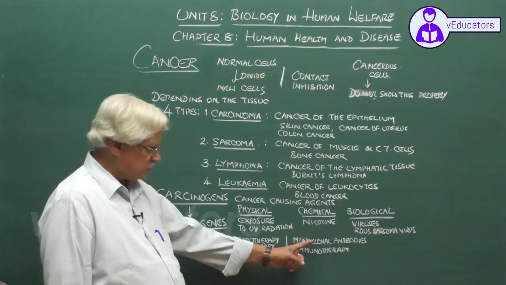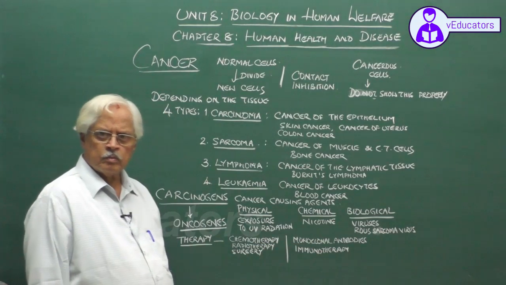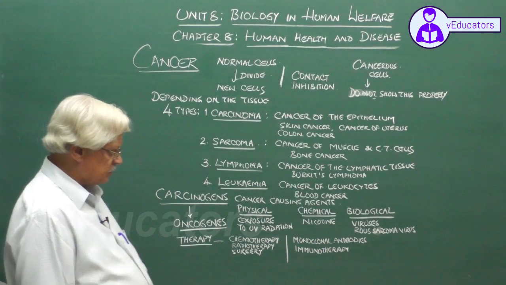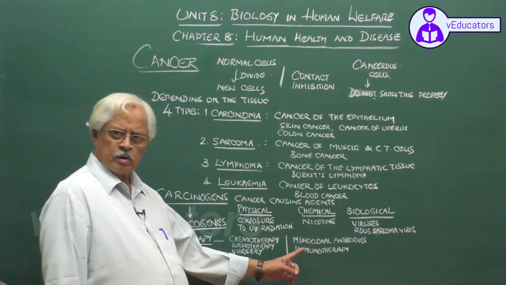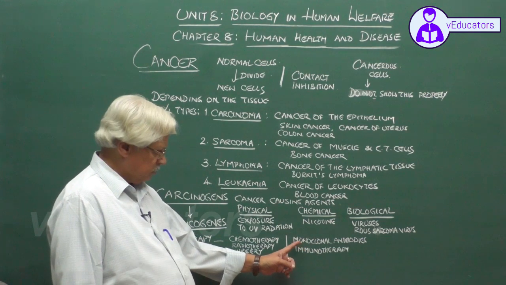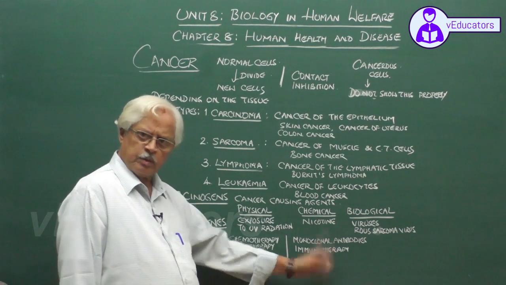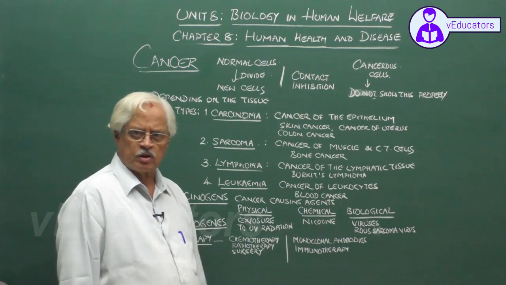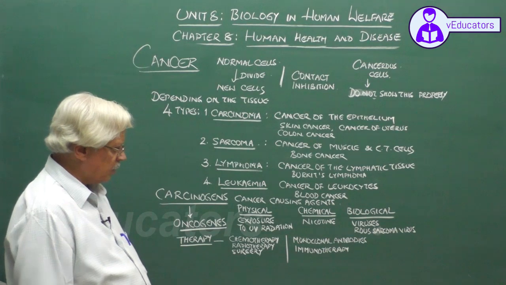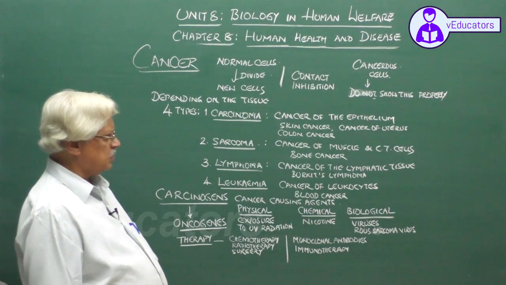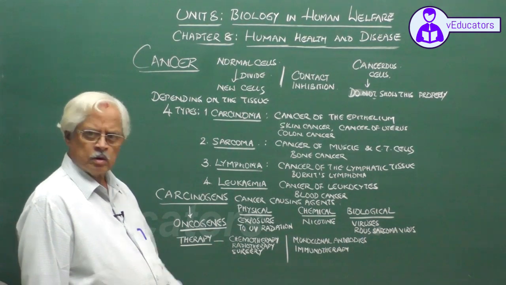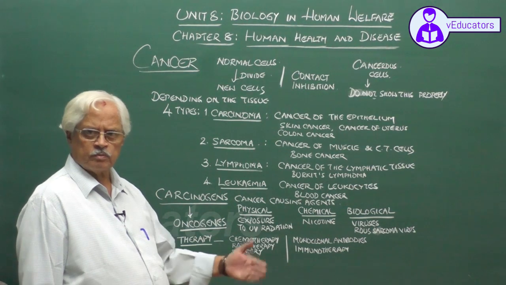In the recent years, using biotechnological procedures, new lines of treatment are being tried. Use of monoclonal antibodies, immunotherapy, and many such methods are now being tried on cancerous patients, and new drugs are also being tried.